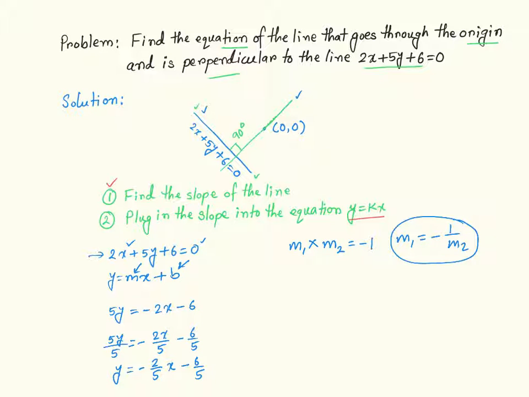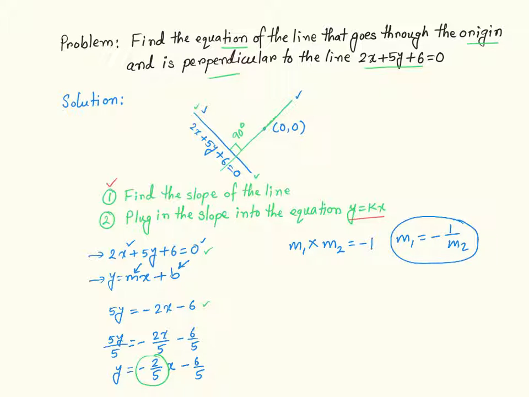Our slope, by the way, is negative 2 over 5. How did I find this? Basically, I solved for y in this equation, subtracting 2x and 6 from the left hand side and from the right hand side. That gives me this. Then I divide both sides of this equation by 5 to get this. Now, that's the slope of the blue line.